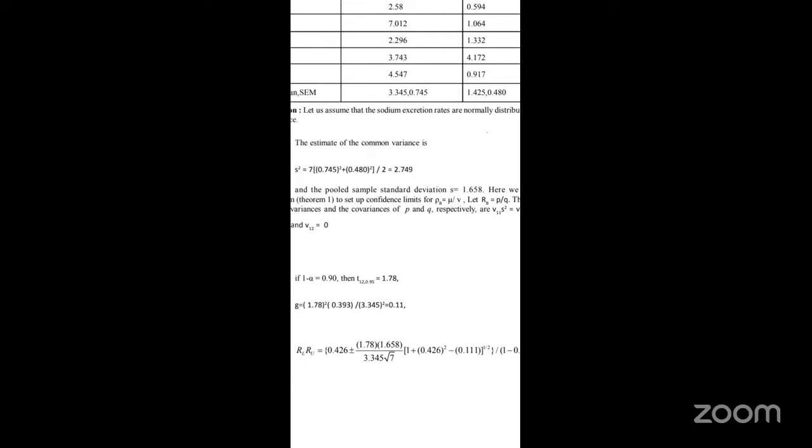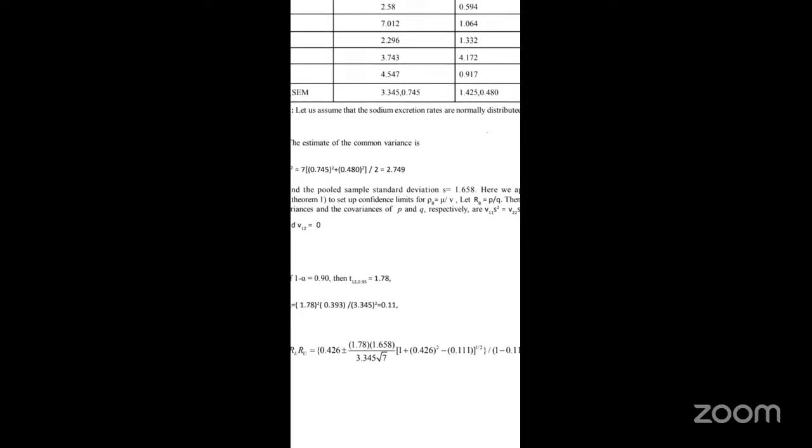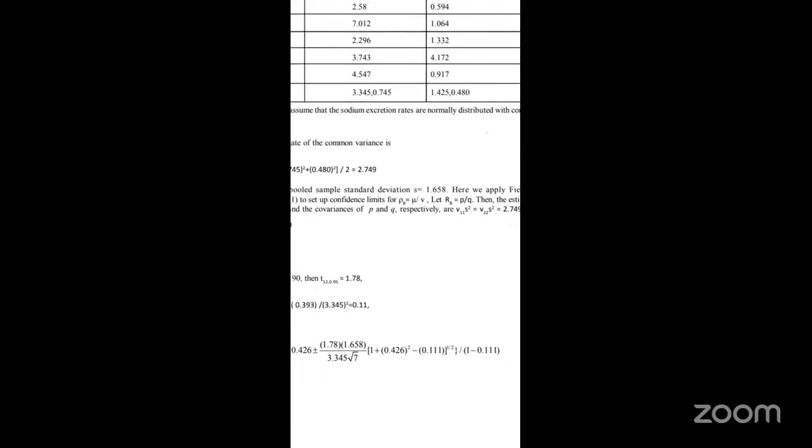Here we apply Fieller's theorem to set up confidence limits, where rho equals mu by v, capital R is equal to p by q. The estimates of the variances and the covariances of p and q respectively, that is v11 s squared equal to v22 s squared, that value is 2.74119 by 7.39, which is 0.393.